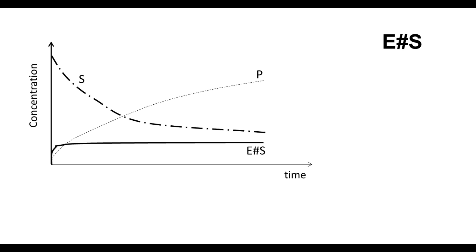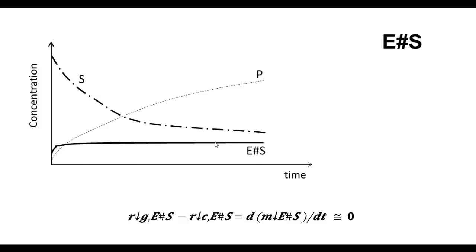Therefore, if we are interested in this range of times, then we could say that the accumulation rate of the enzyme substrate complex is 0, because if it is accumulating, it should either go up or go down.